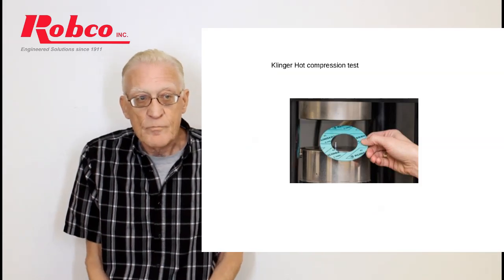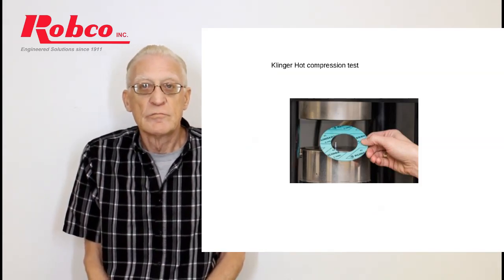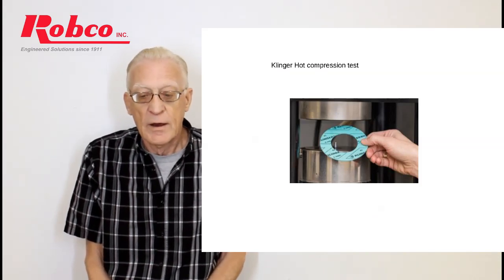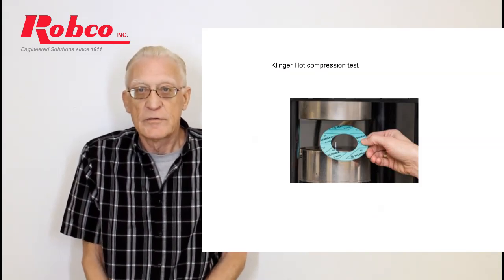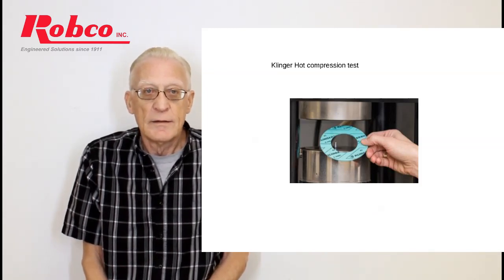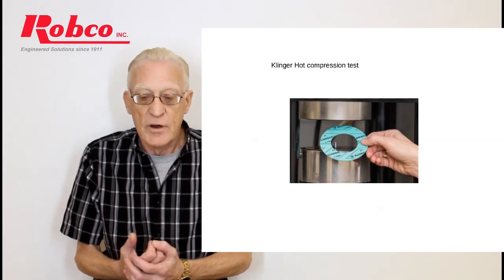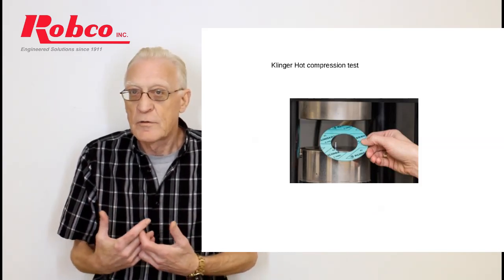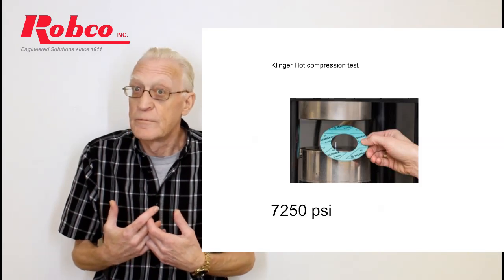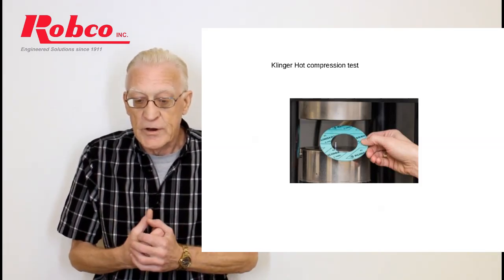Klinger decided, well, that's not enough. Creep relaxation, sealability, all those good things. I want my own test. So they came up with what they call a hot compression test. And again, it's real world. You put the gasket in between two platens, you have a constant hydraulic force, which is 7,250 psi on that gasket, and you introduce temperature.